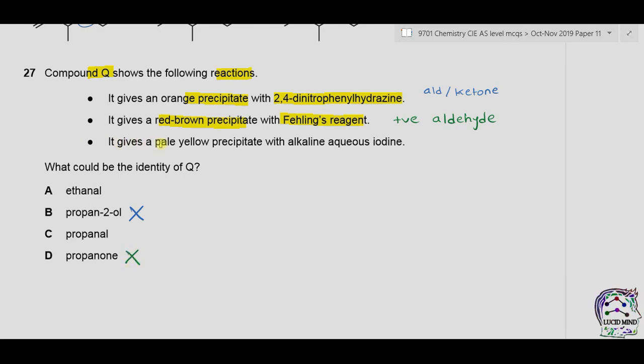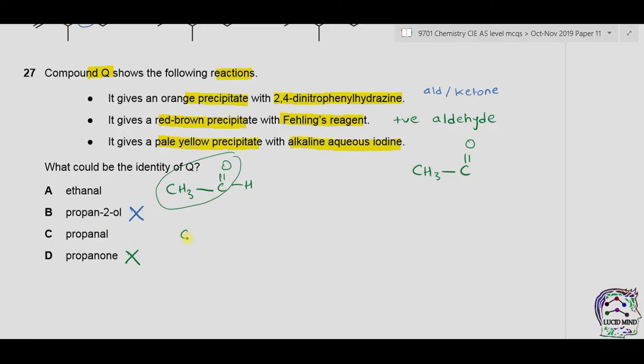Third reaction is that it gives a pale yellow precipitate with alkaline aqueous iodine. Now among the aldehydes left, there must be a methyl group directly attached to the carbonyl carbon. Let's draw the structure of ethanal and propanal. In ethanal we have 2 carbon atoms in total, and this group is present.